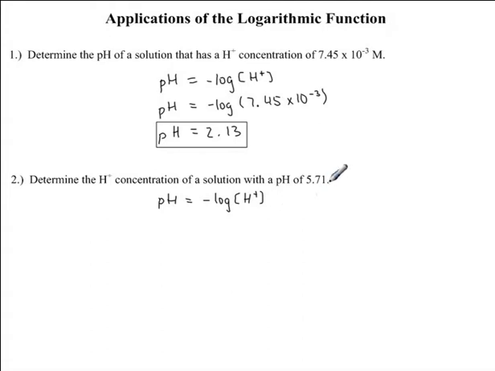Now in this question, we're given our value of our pH, 5.71. So I'm going to substitute this number in for our pH found on the left-hand side of our equation. So our second line will be 5.71 is equal to, and I will leave the right-hand side of the equation as it is.